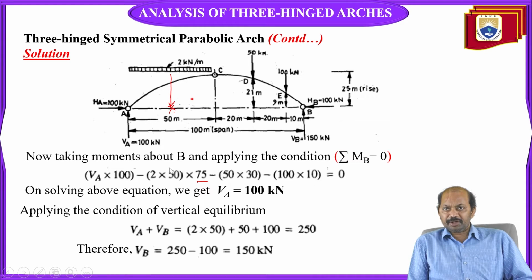This is the sigma MB, it is equal to 0. So we made it equal to 0. Then on solving this equation, we get VA is equal to 100 kilonewtons. This VA is equal to 100 kilonewtons is written here.